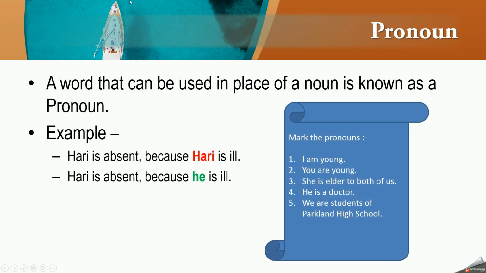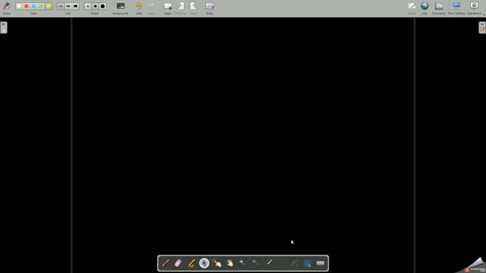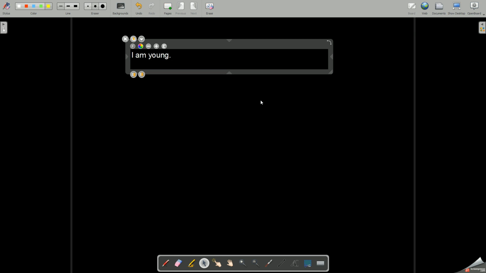There are certain pronouns in this statement. How will you mark them? We have the first one, that is, I am young. So how will I mark it? I will first type these statements.